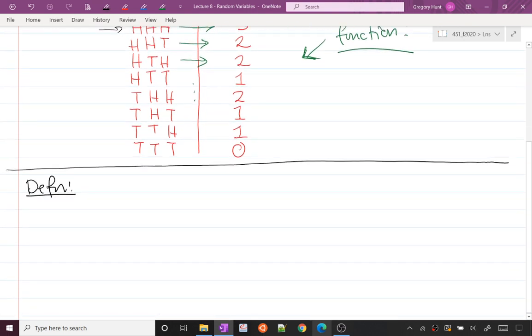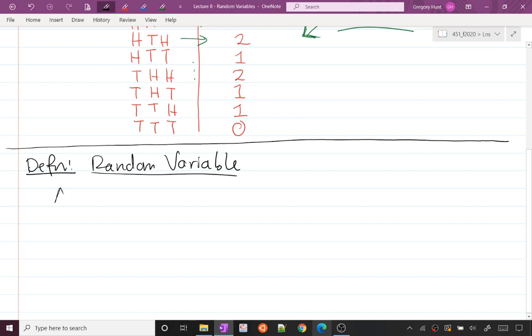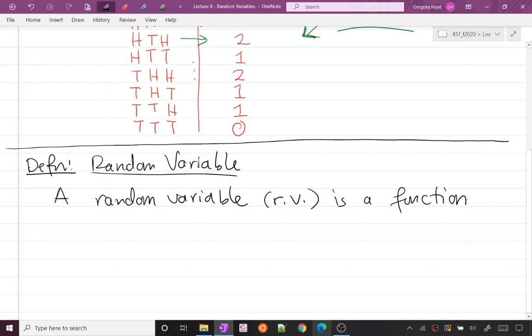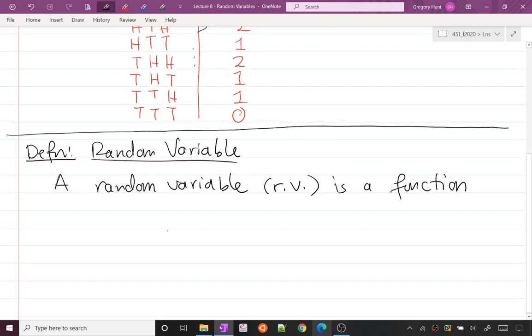But really, our definition is that a random variable, and I'm not going to want to write random variable a bunch of times, so I'm typically going to denote it RV, is a function, and that's as complicated as it gets. A random variable is a function. Of course, I need to give a name to my function.